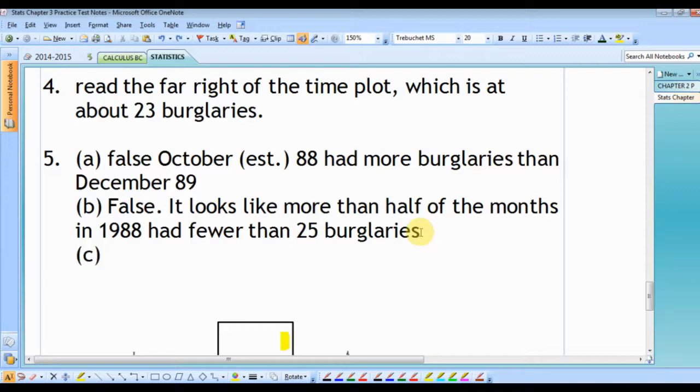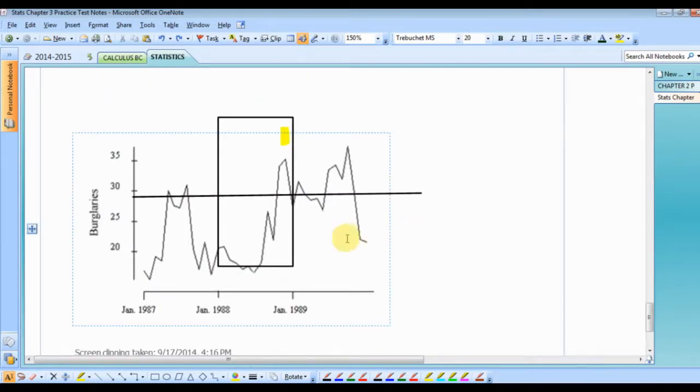The total number of burglaries in 1989 was higher than the total number of burglaries in 1988. That's kind of tough. But if I take a look at 1989, there is definitely more area underneath 1989 than there is underneath 1988.